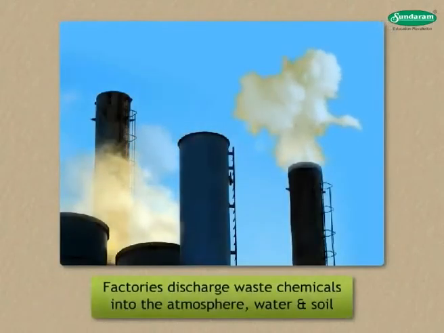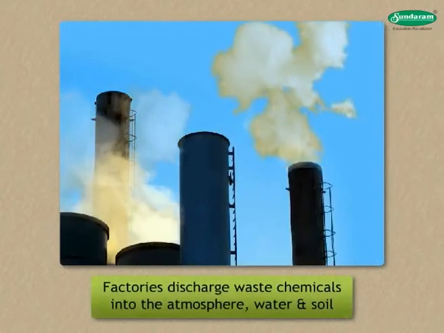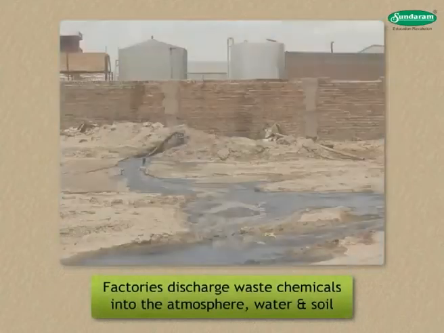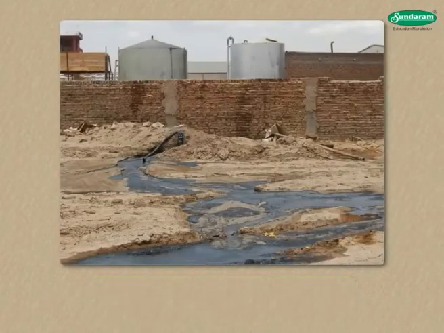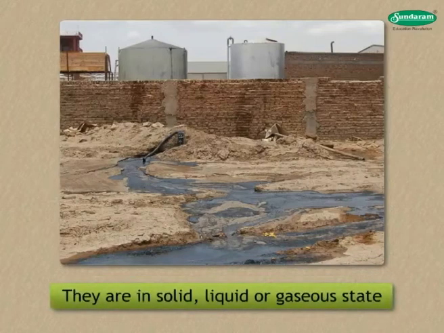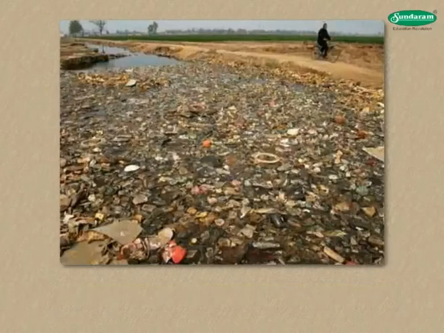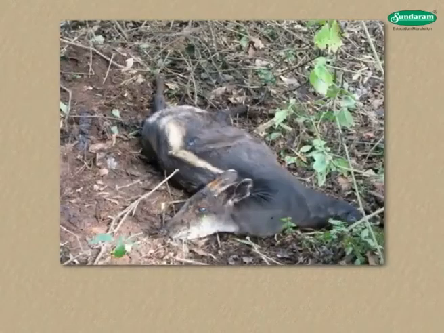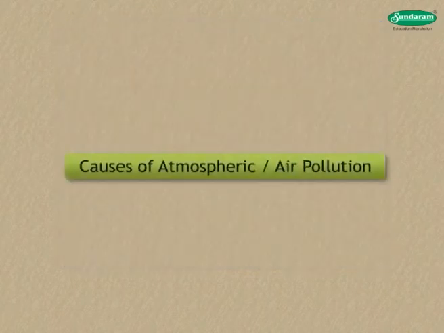The factories discharge waste chemicals into the atmosphere, water and soil. They are in solid, liquid or gaseous state. When such chemical substances are collected in any place beyond a certain level, their harmful effects can be seen. This is called pollution.